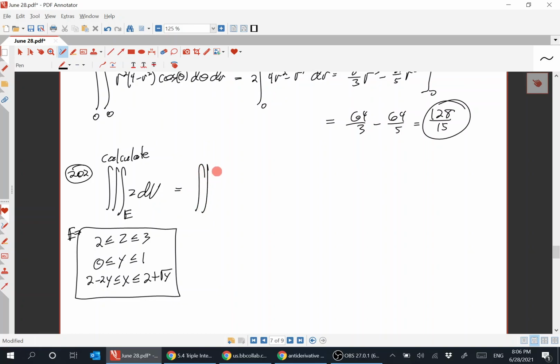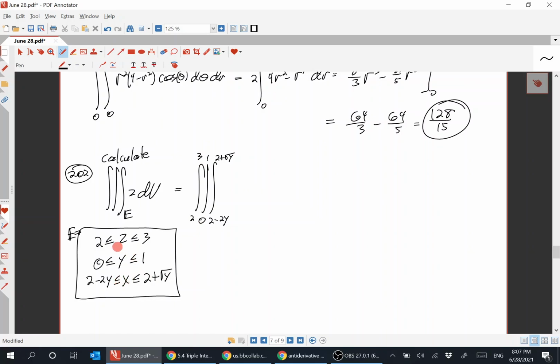So this is a triple iterated integral, z from 2 to 3. Got to go bottom to top. 2 minus 2y to 2 plus square root y, and then 0 to 1 for y, and then 2 to 3 for z, right?